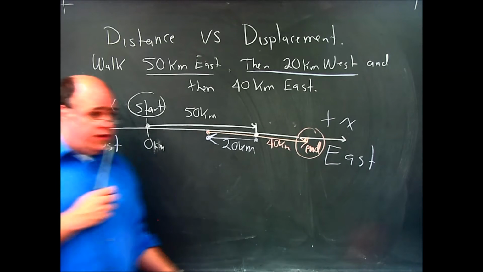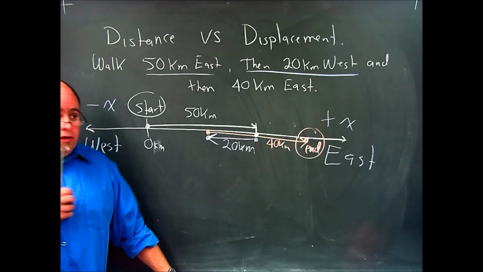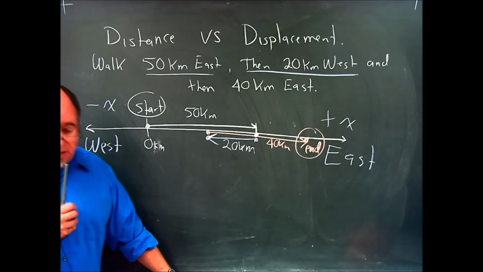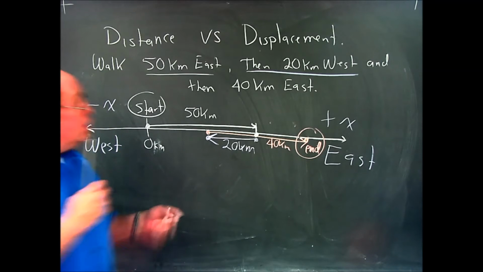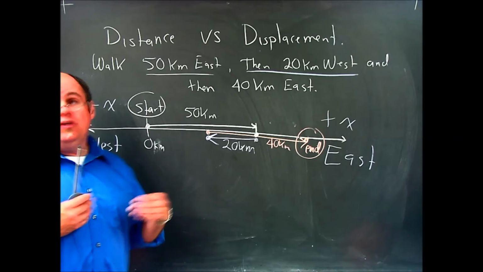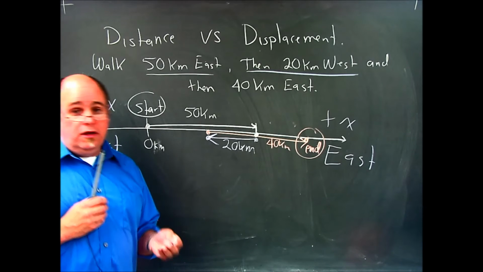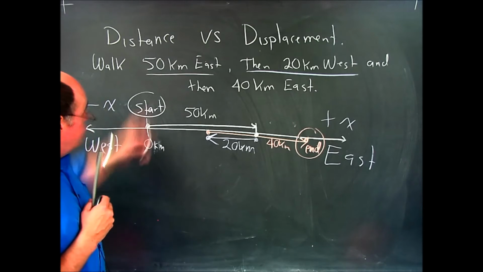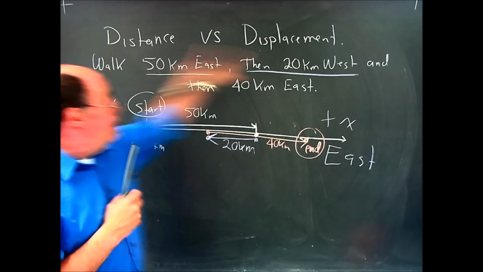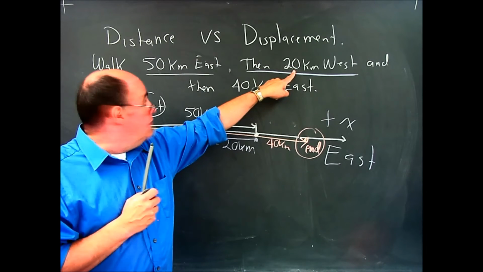So if you were asked, what is the distance that they traveled? The physical distance that they traveled is what their car's odometer would be collecting as they drive along. They physically drove 50 kilometers and then 20 more kilometers. That would be 70.